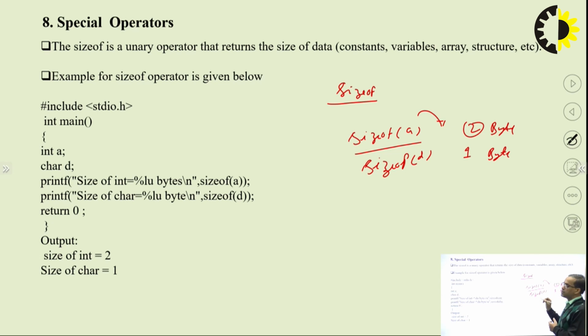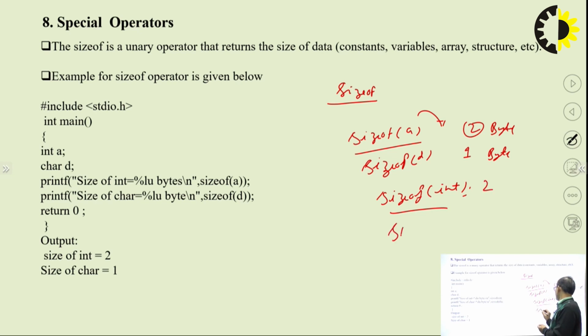So basically the sizeof operator is used to check the size of a particular variable, or instead of a variable you can also pass the data type. Suppose here I am passing int, and when we print it, it will return 2.